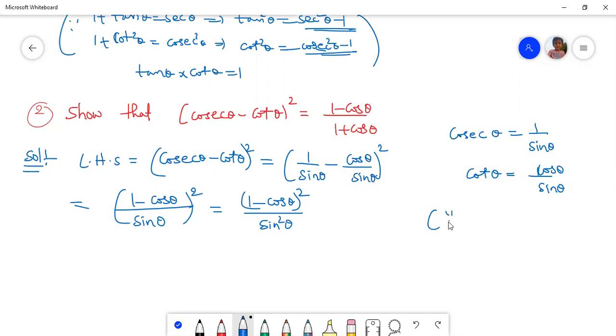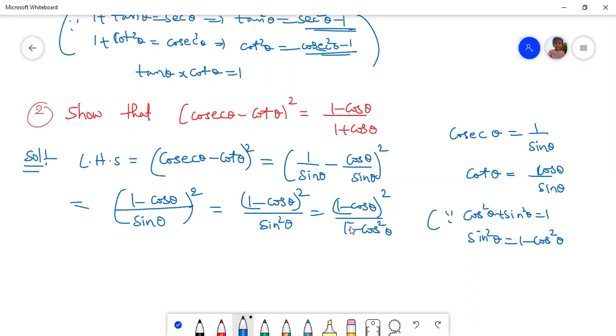We know the identity cos square theta plus sin square theta equals 1. Then sin square theta can be written as 1 minus cos square theta. It is equal to 1 minus cos theta whole square by 1 minus cos square theta.